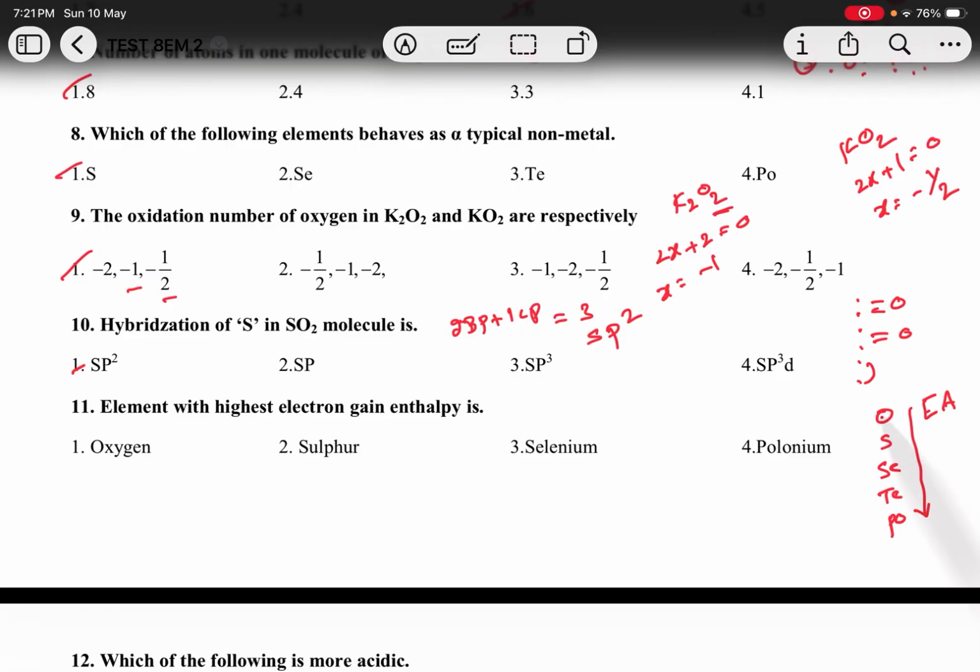So due to the small atomic size, interelectronic repulsions are there. Due to this, oxygen has less electron gain enthalpy. So sulfur is the highest electron gain enthalpy element in the 6th group elements. So the second one is important. In the total periodic table, the highest electron gain enthalpy is for chlorine.